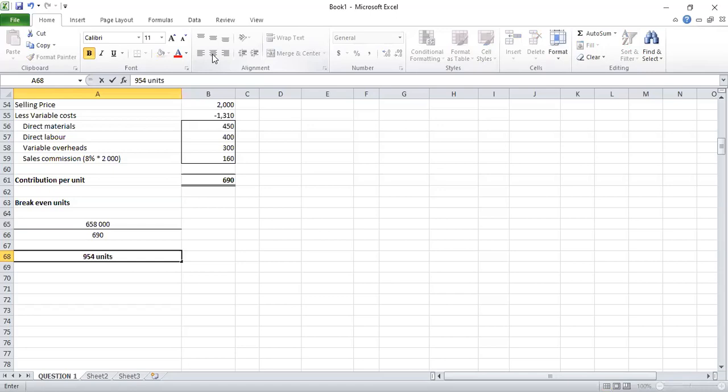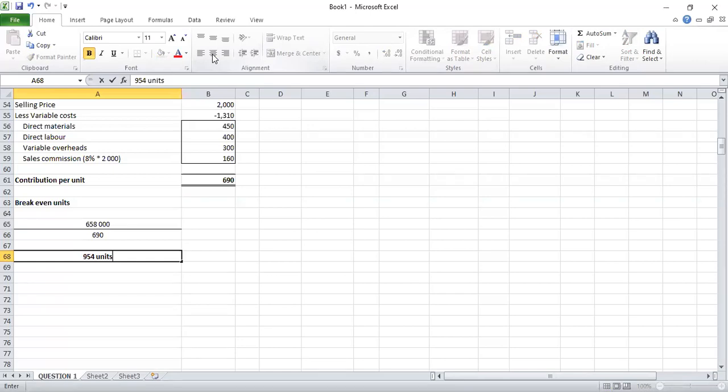And you should know that for break-even, we always round up. So even if it was 953.2, we're going to make it 954. So that means so that they will not make a profit or a loss, they should sell 954 units.